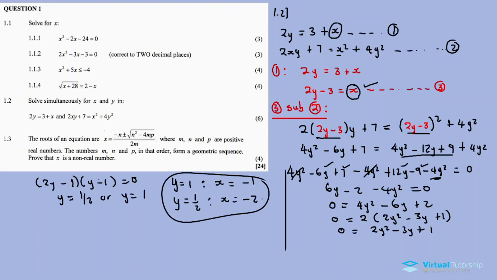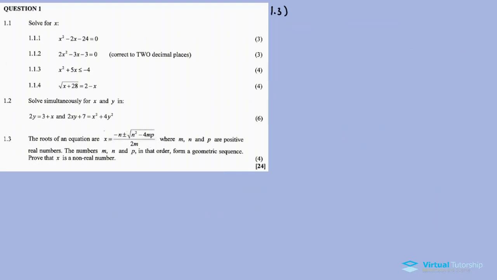So 1.3. Alright, okay. So this is a quadratic equation in terms of n, m, as well as p, and the statement is very crucial. The numbers m, n, and p in that order form a quadratic sequence.